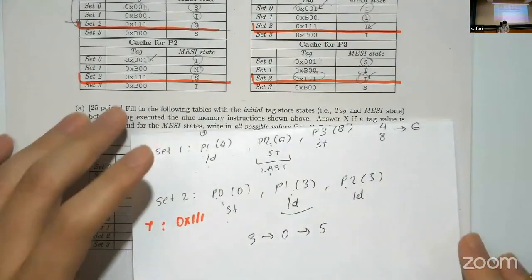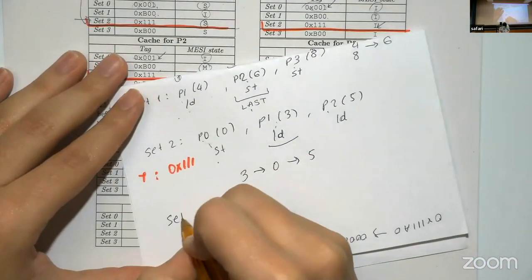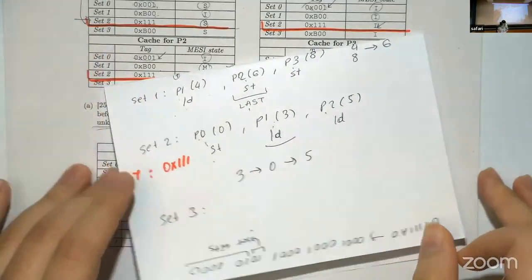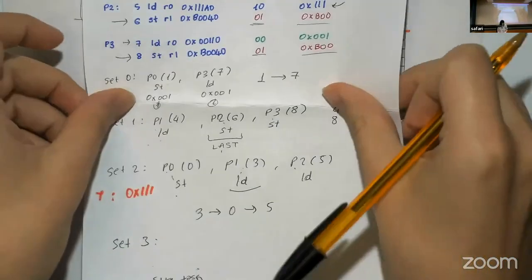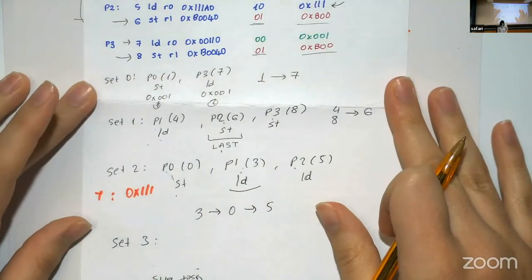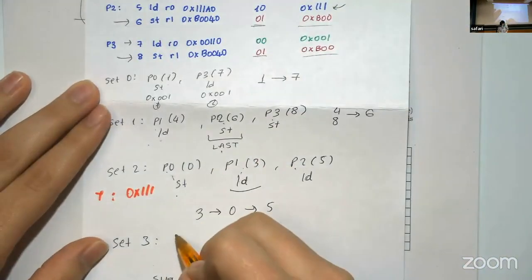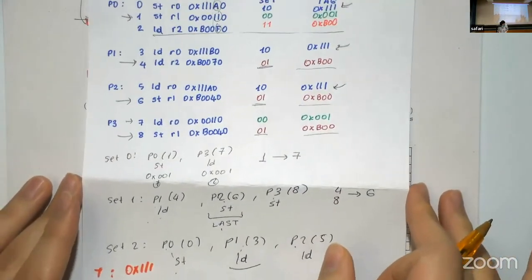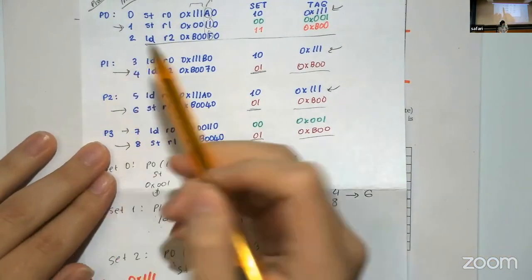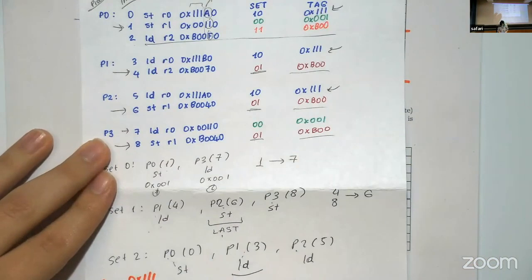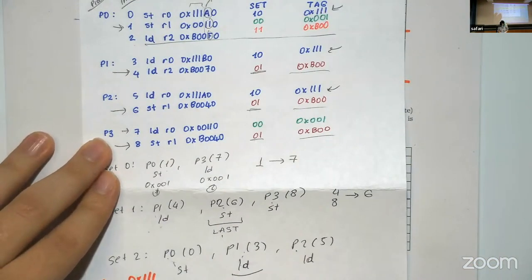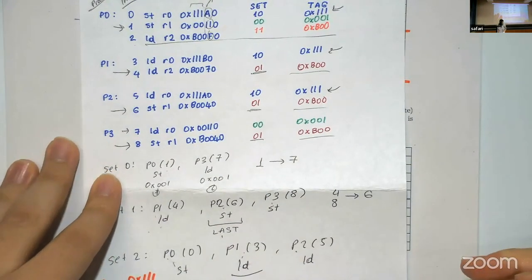Okay, so we are almost at the end. Let's take a look at set 3. We only have one instruction, which is this one from P0, instruction 2, and it's a load, and that's pretty much it.